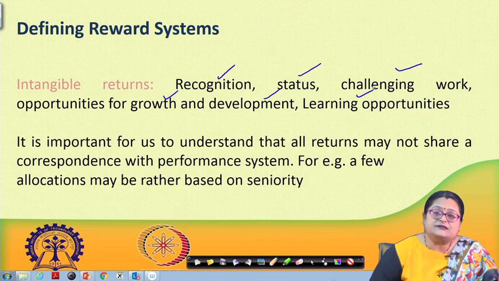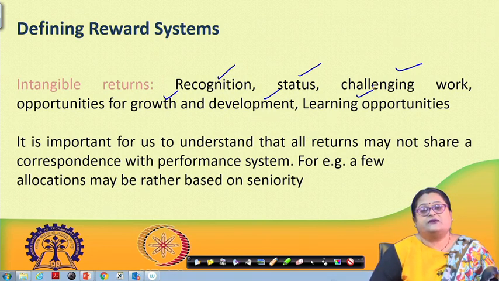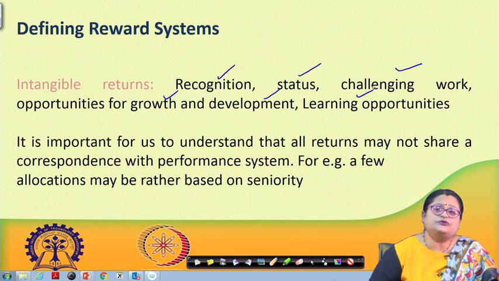The organization truly believes that the employees are valuable assets for us, and their contribution to the organization needs to be recognized.